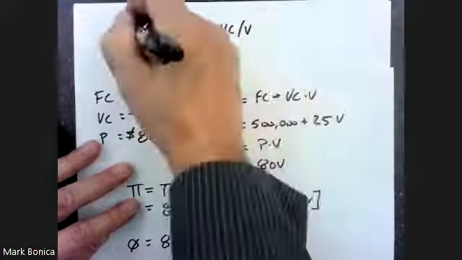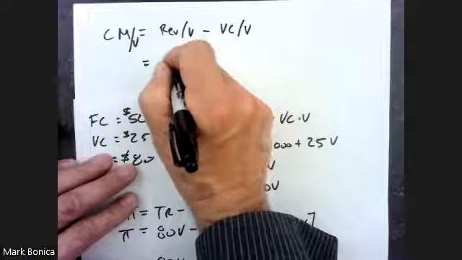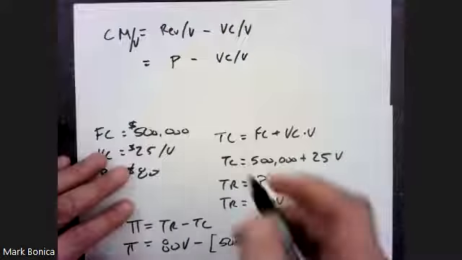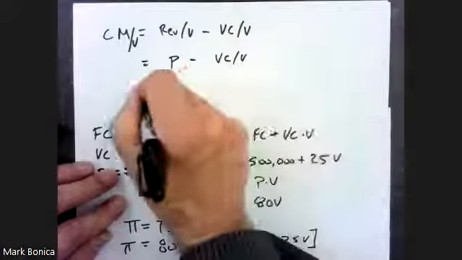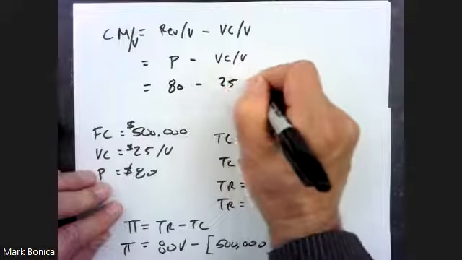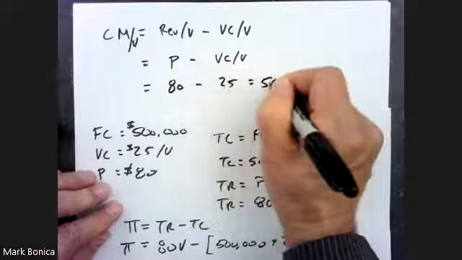So in this case, that is the price minus the variable cost per unit of volume. And we said that the price is 80 and the variable cost per unit is 25. That gives us a contribution margin per unit of 55.